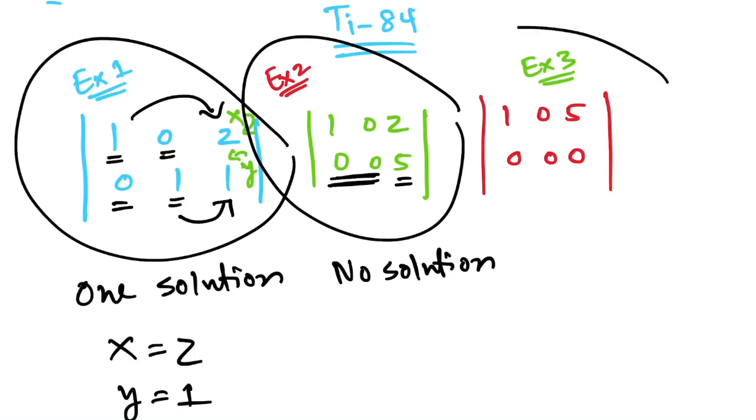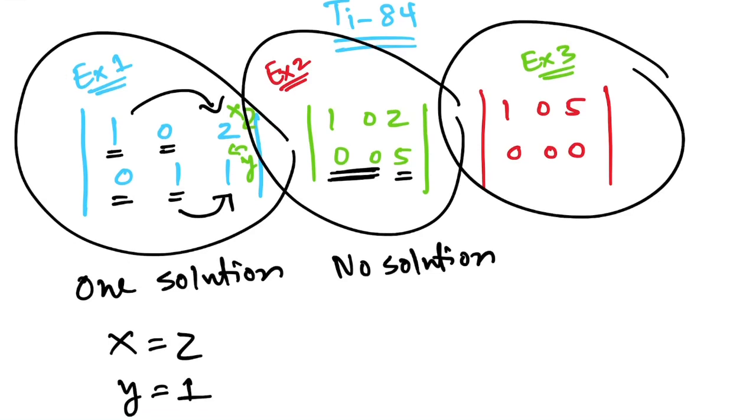All right, let's take a look at the last one, example number 3. I'll give you 10 seconds. The question is simple: one solution, no solution, or infinitely many solutions.